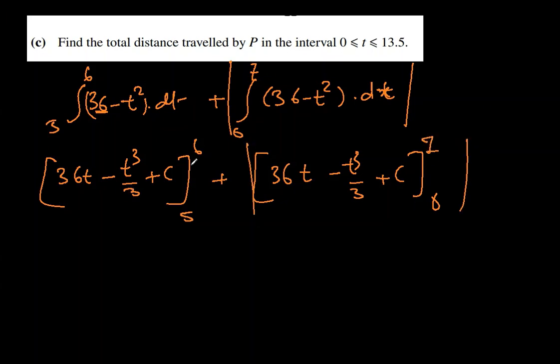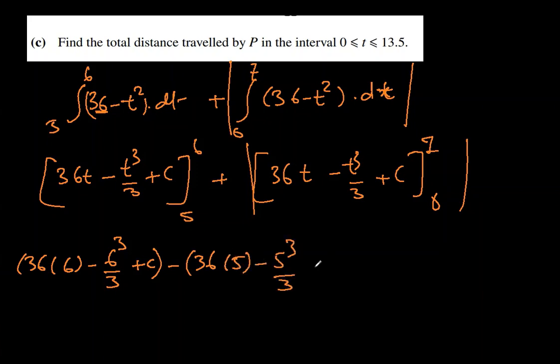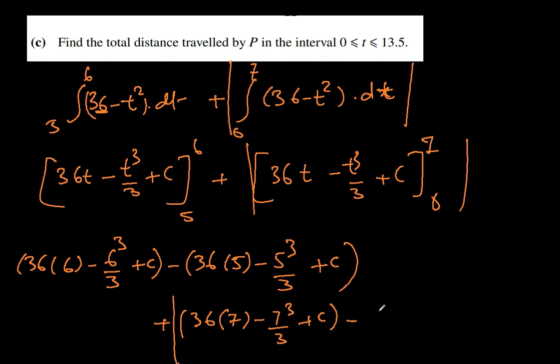Alright, so let's substitute the values now. 36 times 6 minus 6 cube over 3 plus c, minus 36 times 5 minus 5 cube over 3 plus c, plus 36 times 7 minus 7 cube over 3 plus c, minus 36 times 6 minus 6 cube over 3 plus c.